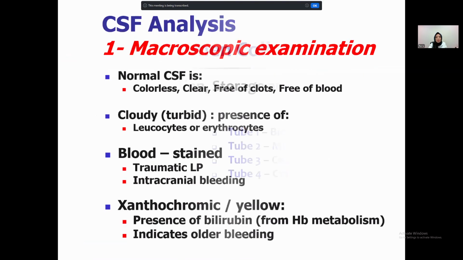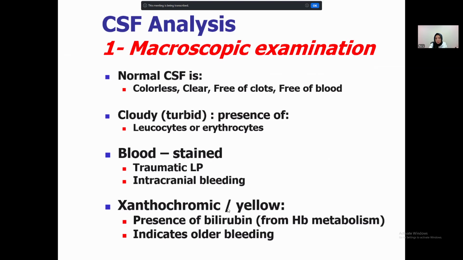So this is from the microscopic. Let's summarize the macroscopic appearance. The normal one is colorless, clear, free of blood. Cloudy is due to leukocytes. Blood-stained is either traumatic or real intracranial bleeding.